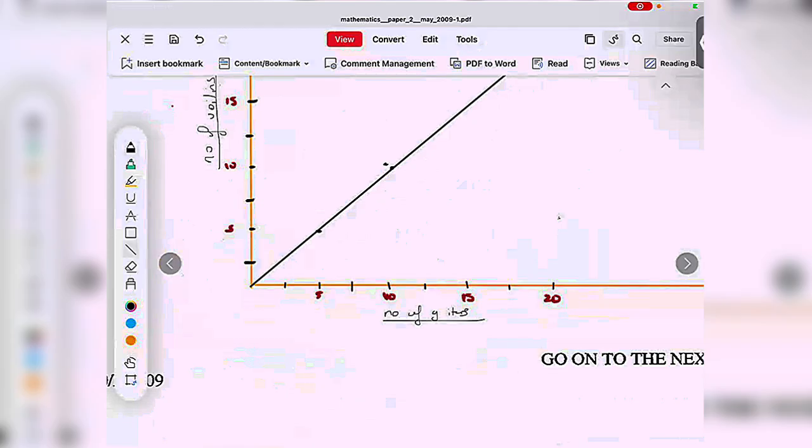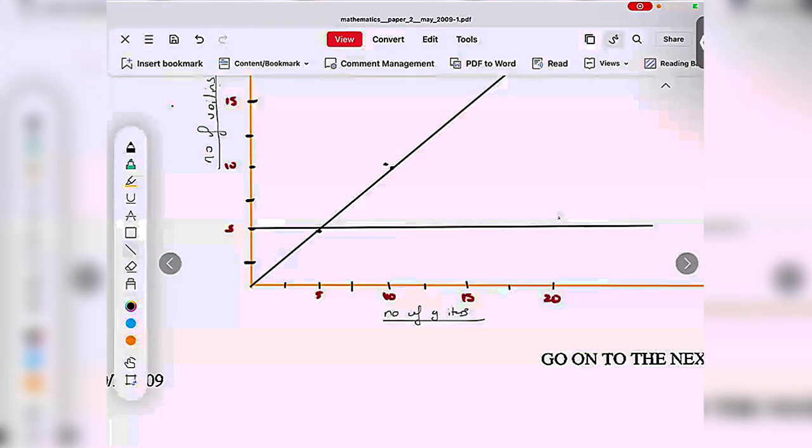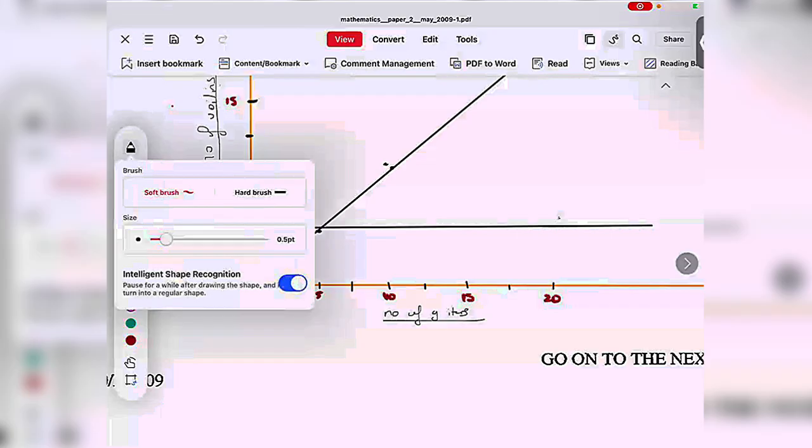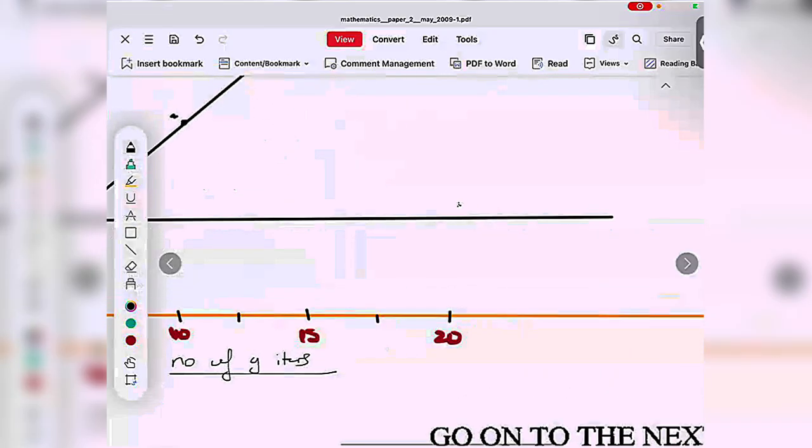So right here, draw the line and come across like that. That's the line y equals 5.